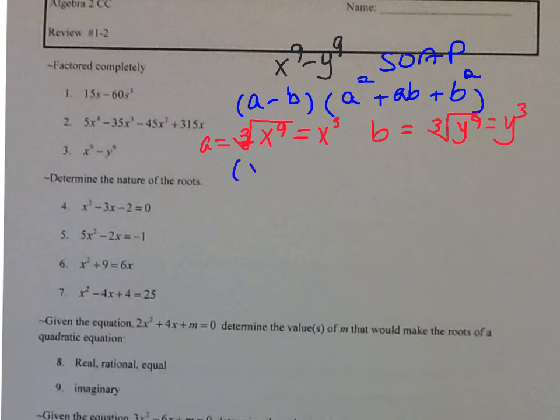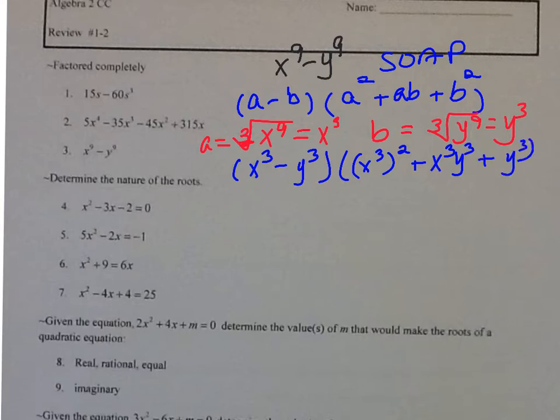I have x to the third as my a minus my b, which is y to the third, times. We square the a, so we have x to the third squared, plus a times b, so that's x to the third times y to the third, plus b squared, so it's y to the third squared. I'm just going to clean this up.